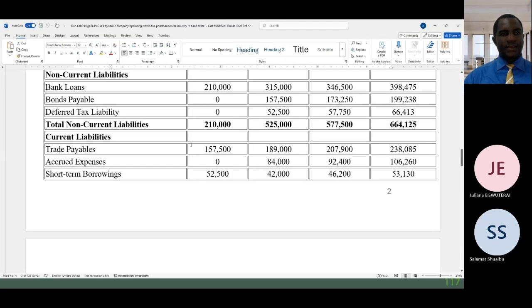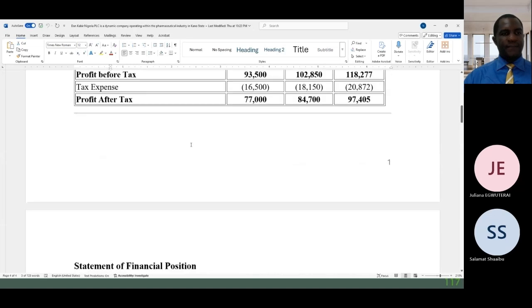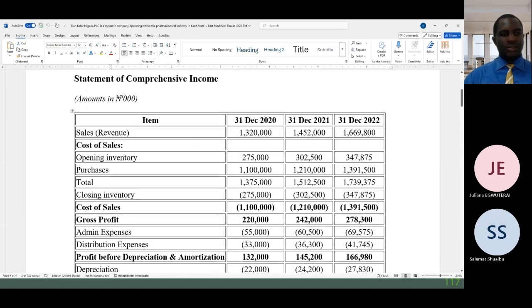So in our SCI, let me go and pick our purchases. Some companies that don't manufacture, like the ones that normally come in the case study exam, will just have sales or revenue, cost of sales, and gross profit. So you just pick the cost of sales as your figure. But here there is a manufacturing company and they have the detailed figures. We have everything given to us.